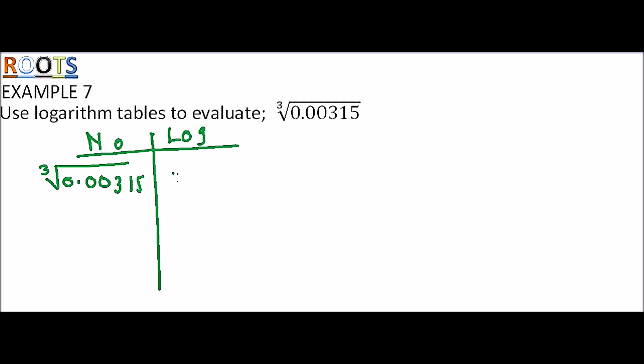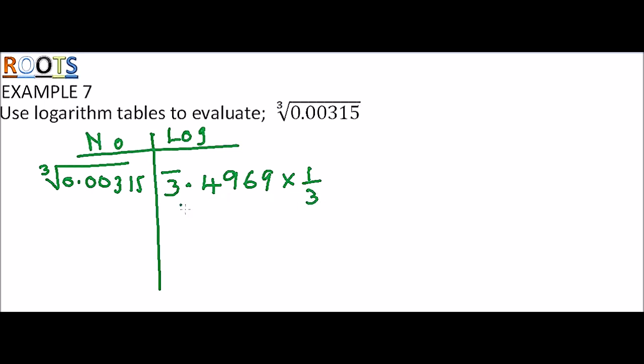Now the logarithm of this is bar 3, because the decimal point moves 3 places. The logarithm of 3.15 is 0.4969. Then we multiply by a third because we are looking for the cube root.